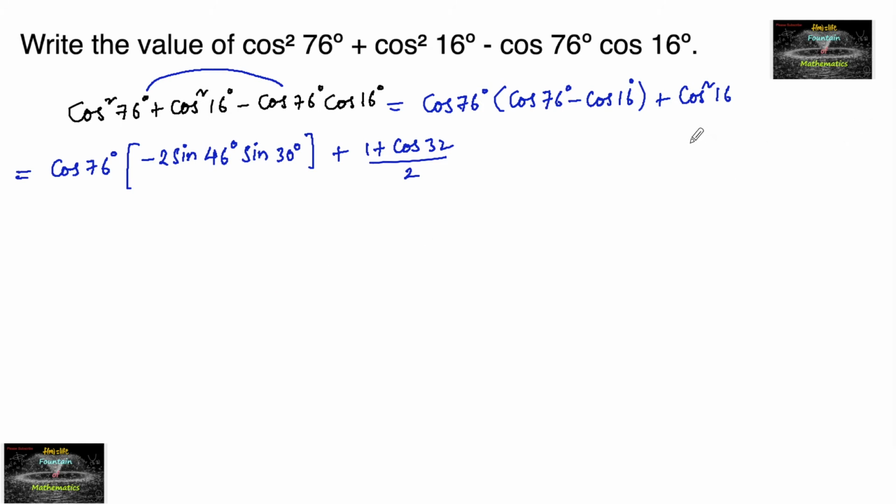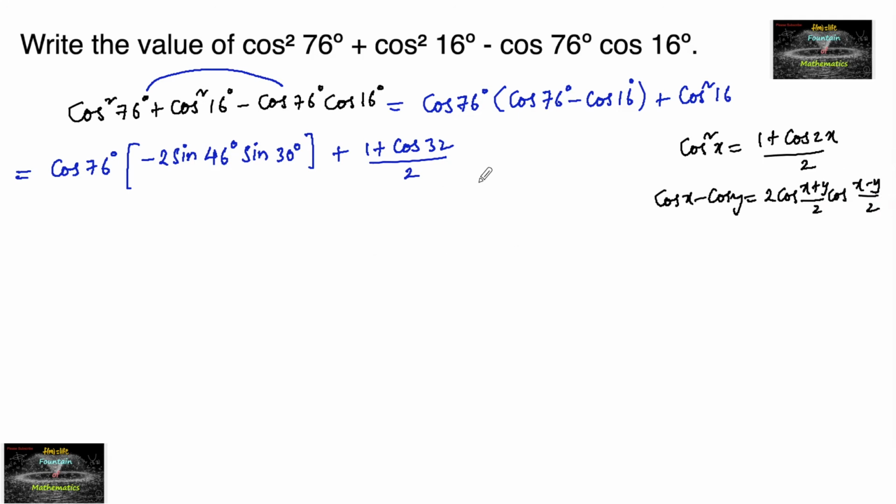So let me write the formulas here. Cos square x is equal to (1 plus cos 2x) upon 2, and cos x minus cos y is equal to minus 2 sin (x plus y) by 2 sin (x minus y) by 2.